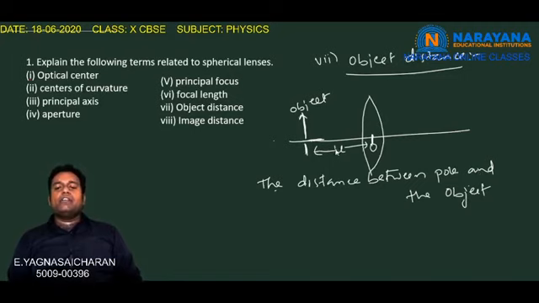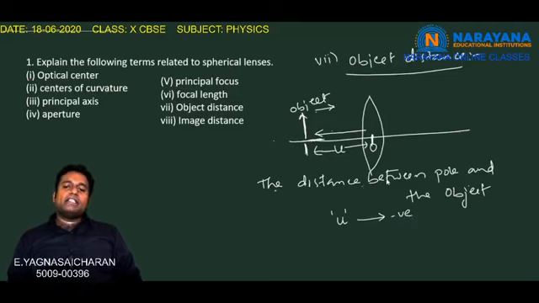In general, the object distance sign convention is always taken as negative, because in ray optics every distance is measured from pole or optic center. So we are measuring the object distance in the opposite direction to the direction of incident light. So the sign convention for this object distance u is always negative.